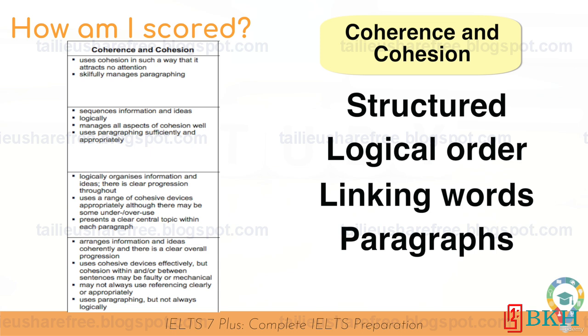For example, in your supporting paragraphs, you wouldn't want to write an argument for and against something in one paragraph. Try and stay focused and organise your ideas simply. Also, using linking words like therefore, although will help to organise your essay, so it's important that you use these, and we'll be looking at that more later on in the course.